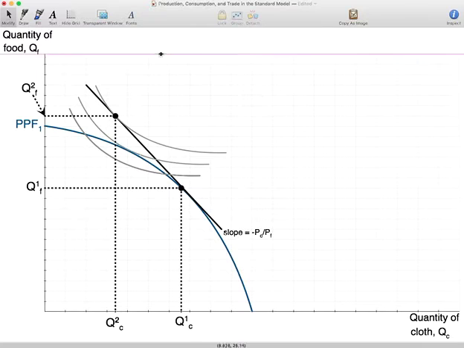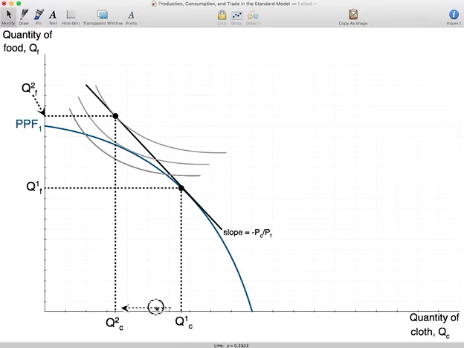So what did this country do? Well, this was its original production of cloth, and this is what their consumption of cloth now is. So you can see that they are shipping cloth to the other country. So this is the level of exports right there.